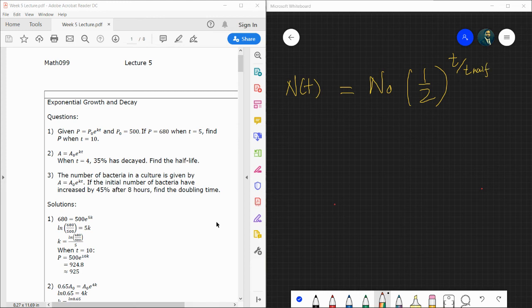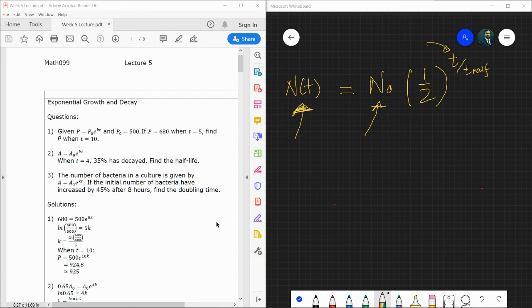T half is the half-life, and this is the time it takes. N naught is the number of atoms, cats, human beings, birds going extinct, whatever the case, and N of t is that same number at a particular time.